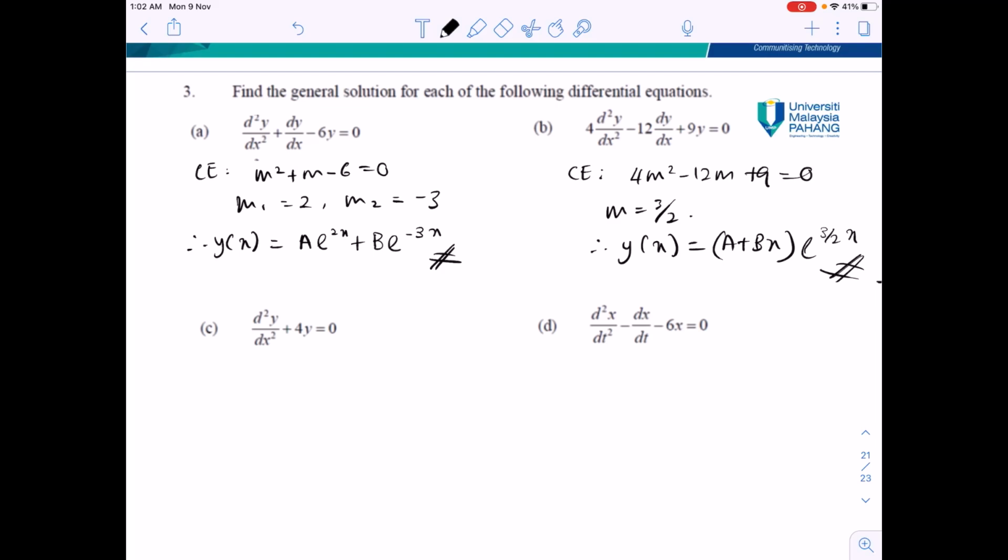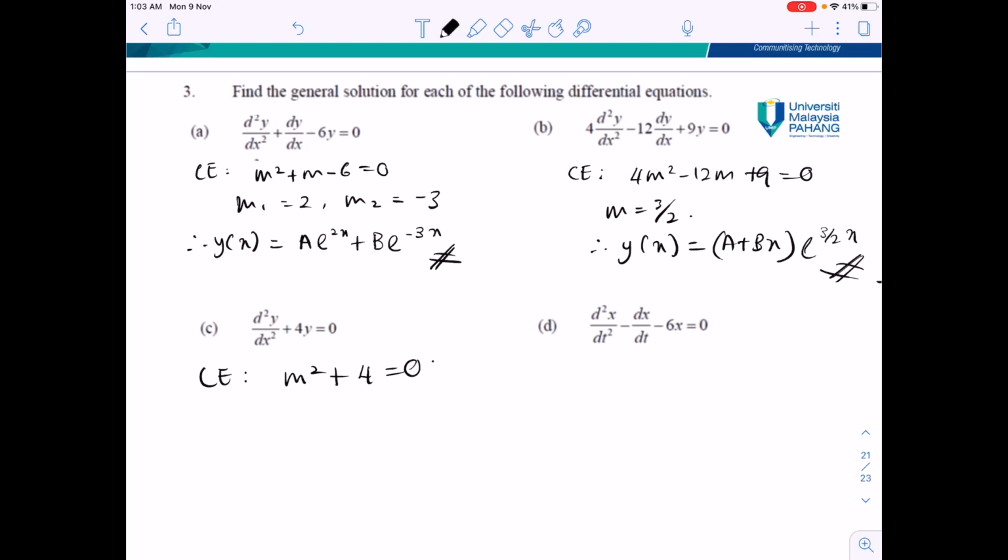Okay, this one: m squared plus 4 equals 0. Be careful. We don't have any dy/dx, so we just jump to m squared plus 4. This one you can calculate manually, or by using the calculator. We have 1, 0, and 4.